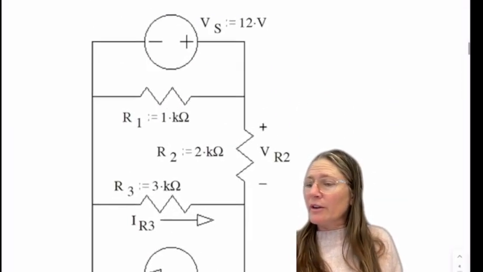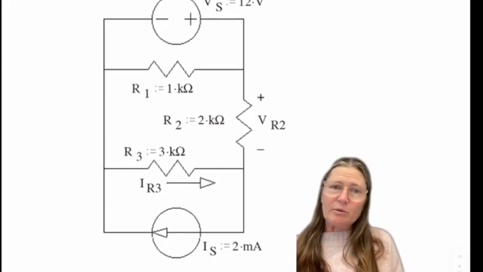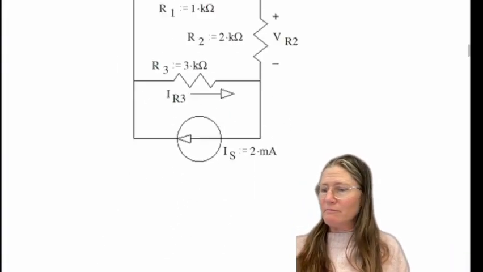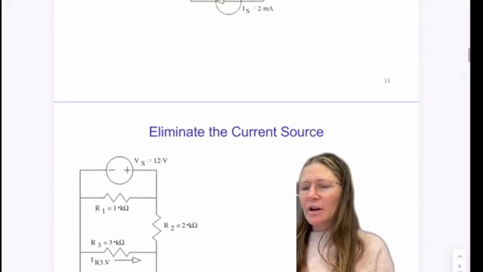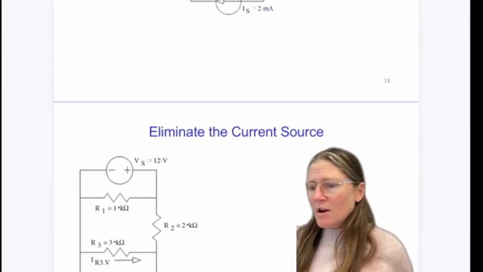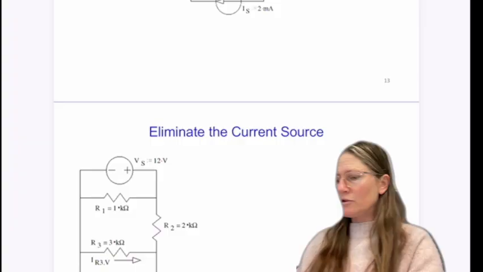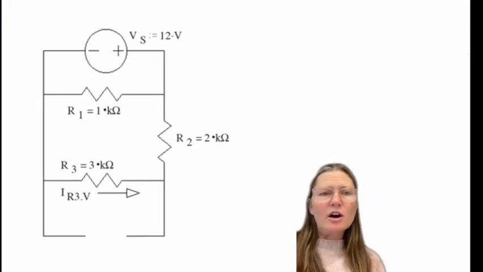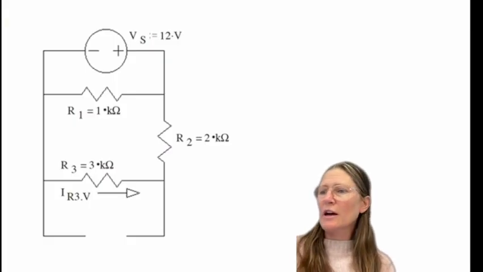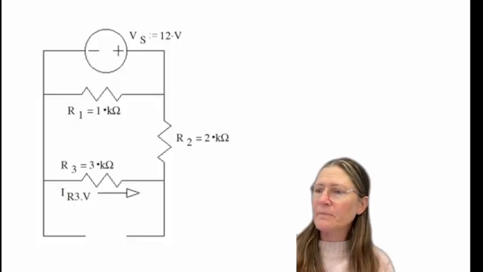So let's solve this circuit. We're using the superposition. Okay, so let's leave the voltage source on first, and then turn off the current source. So doing that, it's going to open up.